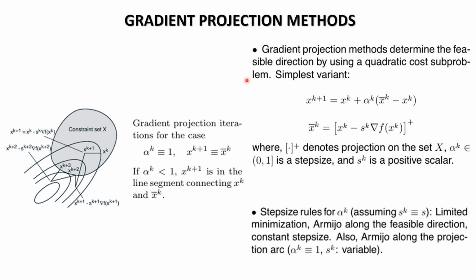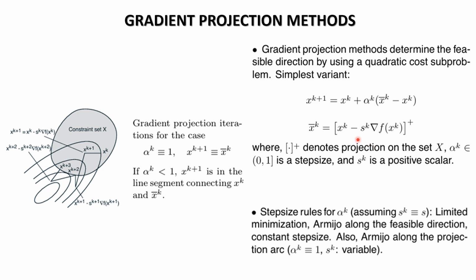So the main iteration formula, the simplest variant of the gradient projection method, is xk plus 1 equals xk plus alpha k multiplied by x bar k minus xk. Here we can consider x bar k as the positive part of the difference between xk, the current point, and sk multiplied by the gradient of f at xk.